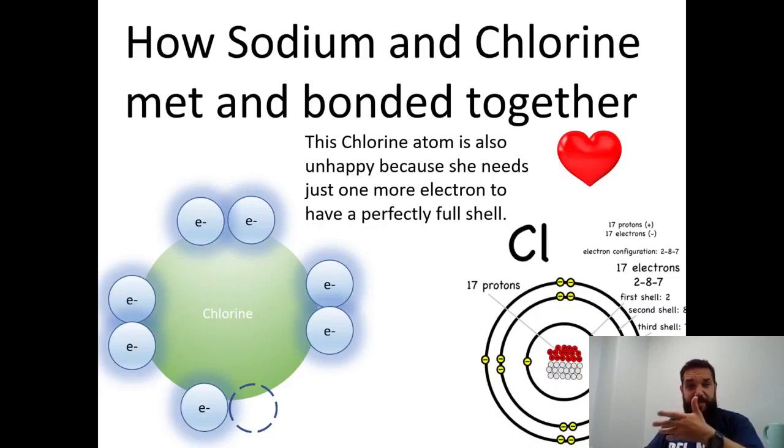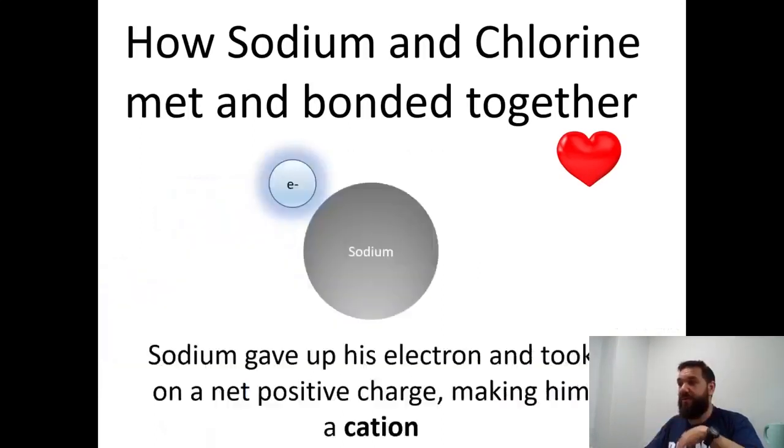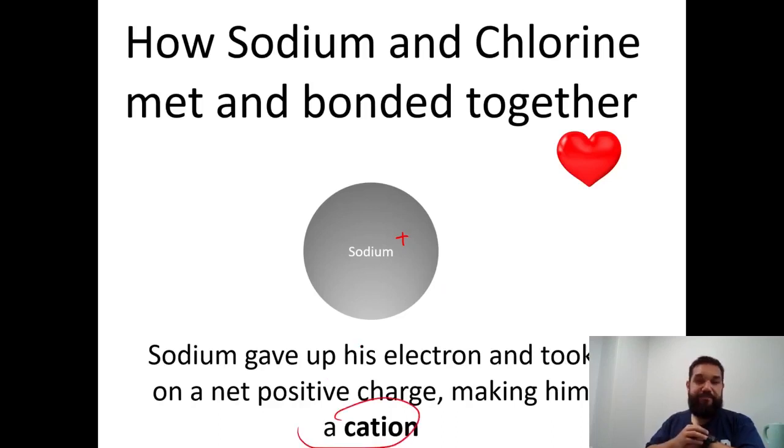So what's going to happen? Well, sodium is going to give up that electron. It's going to ionize. Now this sodium is sodium plus 1, and it's going to become something called a cation. A cation is an ion that has a positive charge.